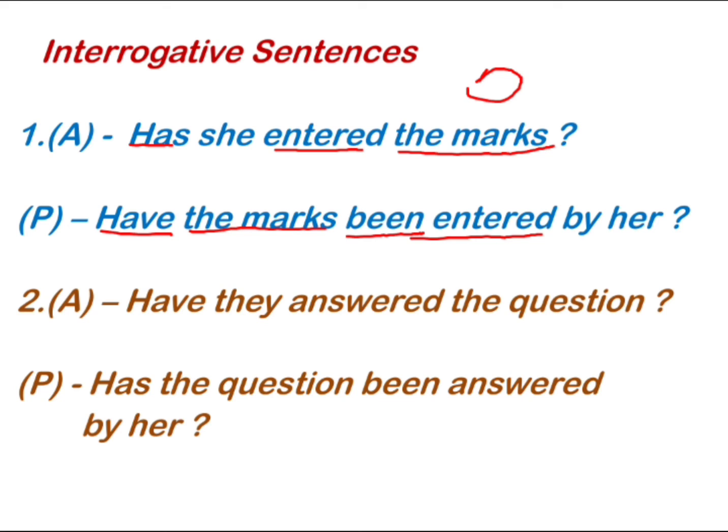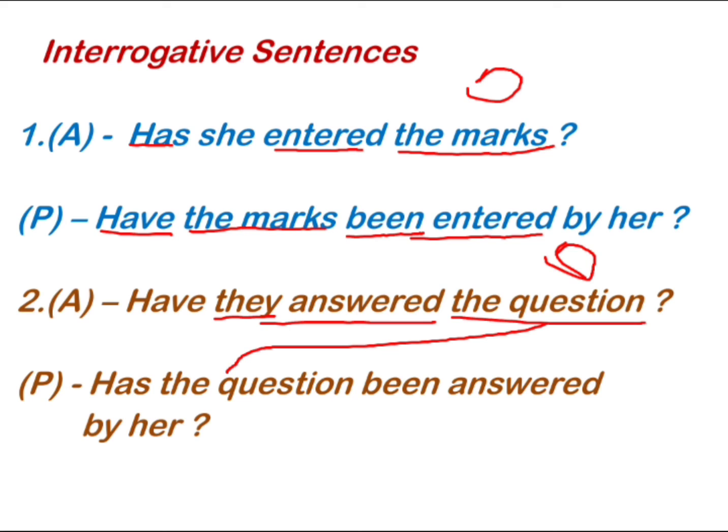Next sentence. Have they answered the questions? We use have because they is the subject and that is in the plural form. Answered is the past participle. The questions. What did they answer? Questions. So questions is the object. Now, the object in the active voice becomes the subject in the passive voice.